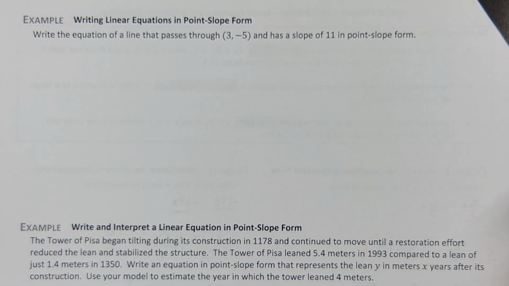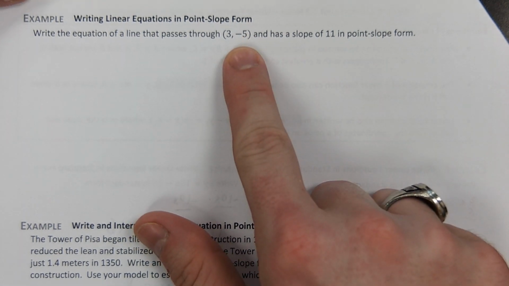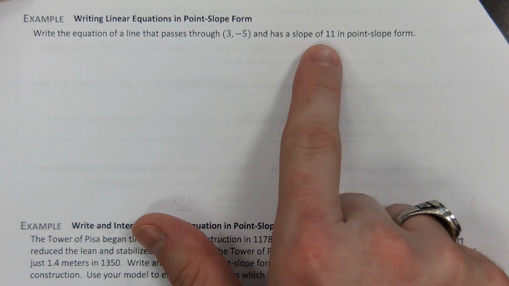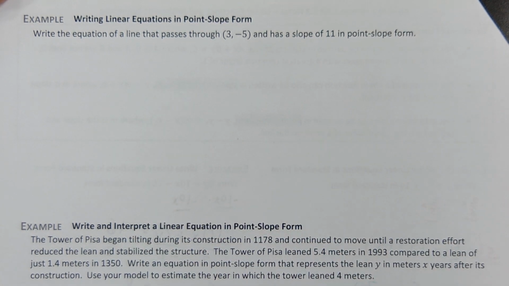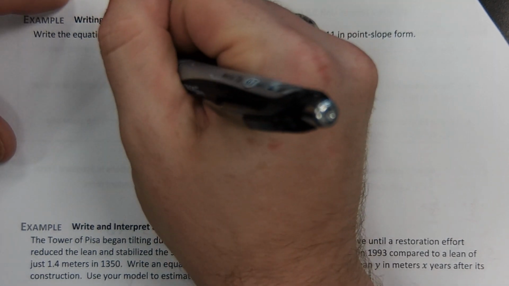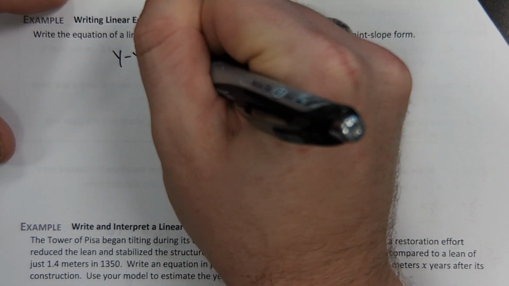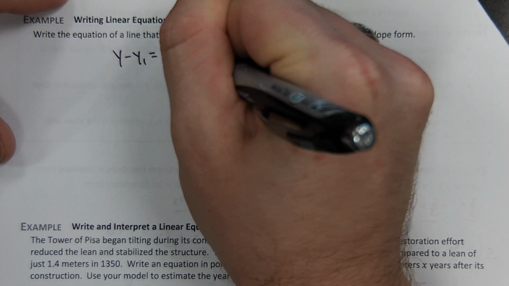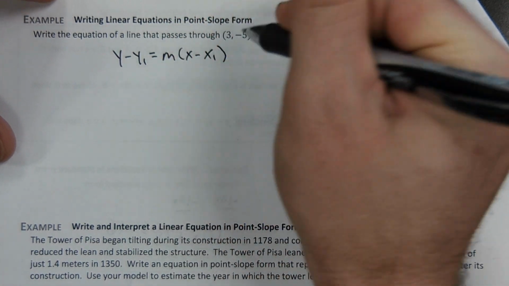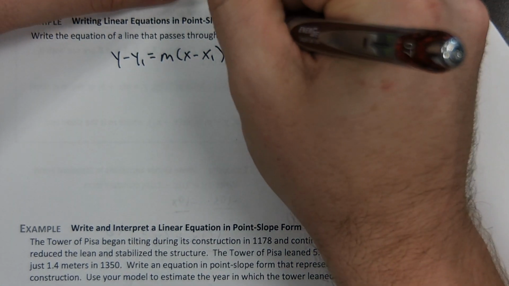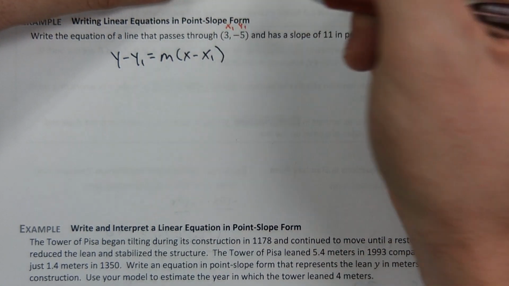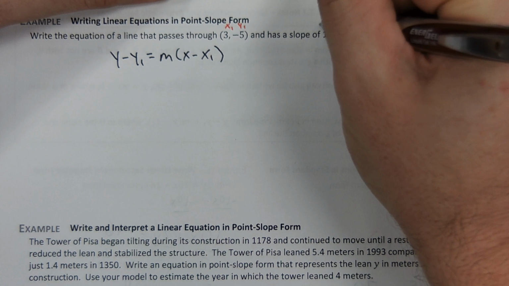Cool? It says write the equation of a line that passes through 3, negative 5 and has a slope of 11 in point slope form. Here's point slope form: y minus y1 equals m times x minus x1, where the coordinate that we have is our x1, y1, and our slope is m.